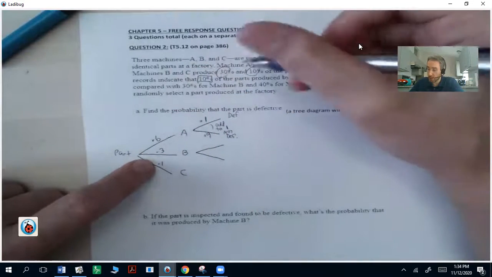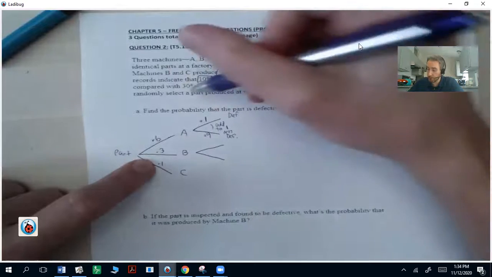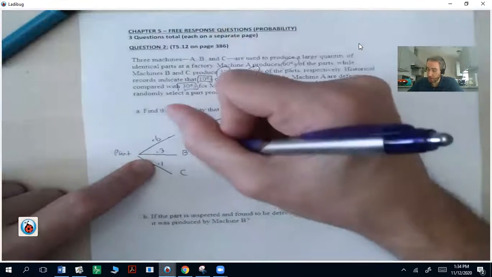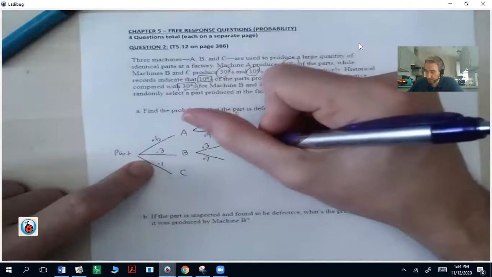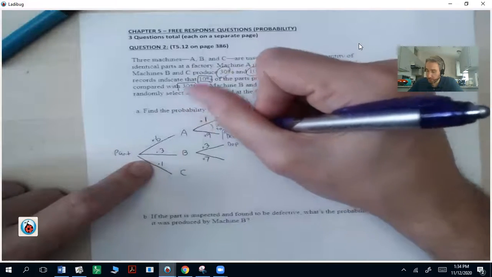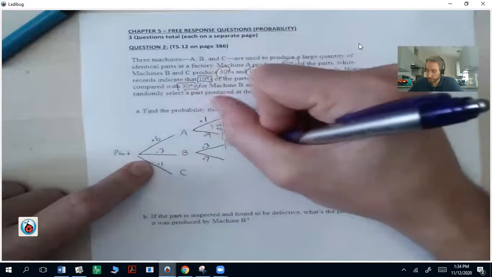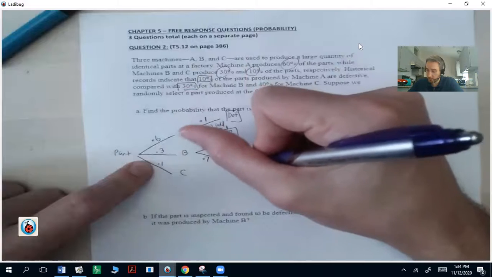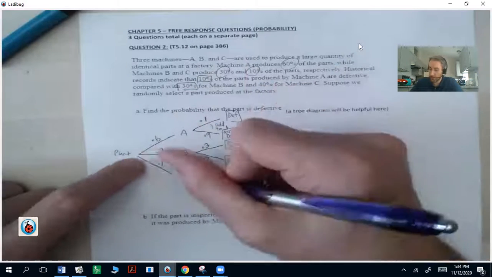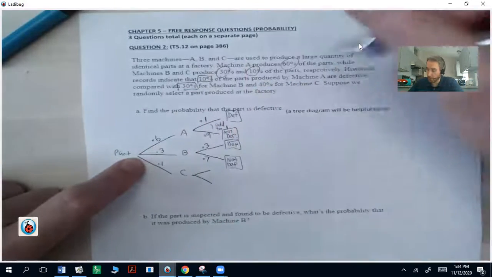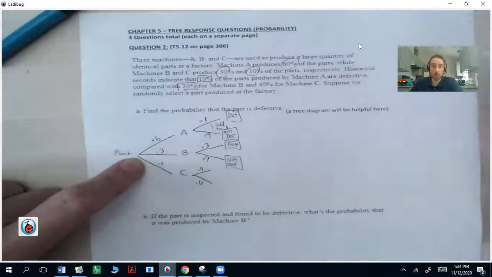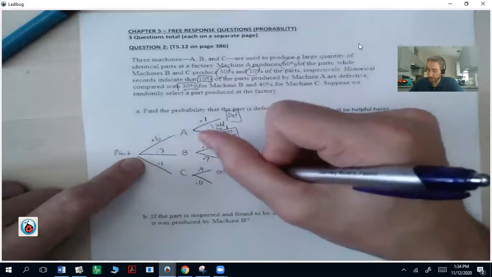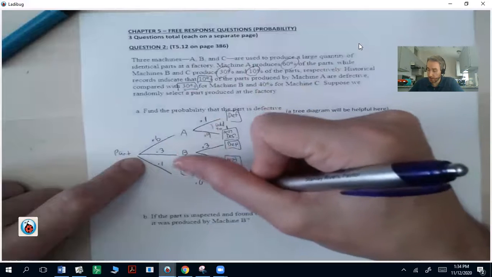For machine B, it's 30%, so 0.3. That means this is 0.7. And then for the last one here, we have 40% for machine C. So 0.4 and 0.6, defective and not defective.